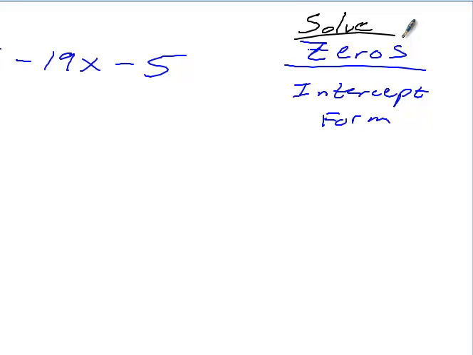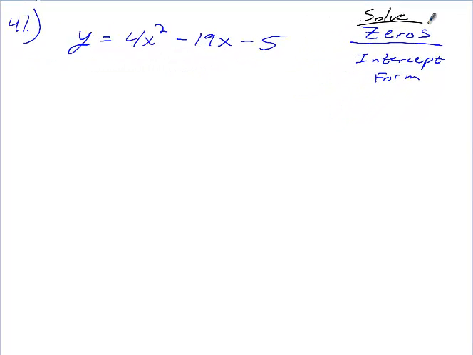Okay? Intercept form. Anybody remember from 4.2? What does intercept form actually look like? No, that's slope intercept form. This is intercept form of a quadratic.